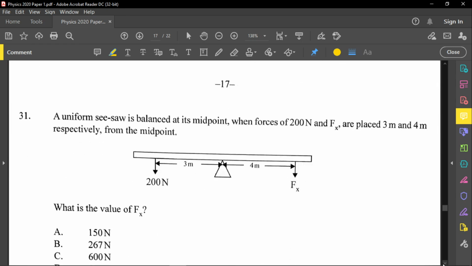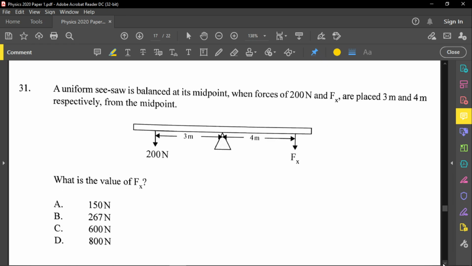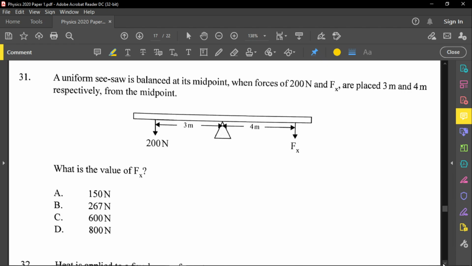Now for question number 31, it said a uniform seesaw is balanced at midpoint when forces 200 Newton and Fx are placed 3 meters and 4 meters respectively from the point. And so what I wanted to notice with this type of lever system or simple machine is that we can talk about something called moment of force.